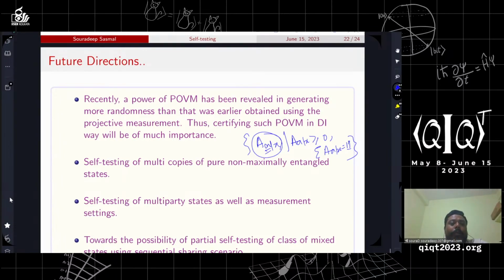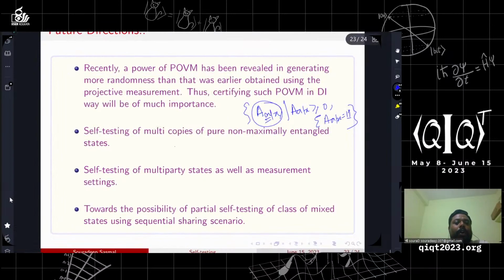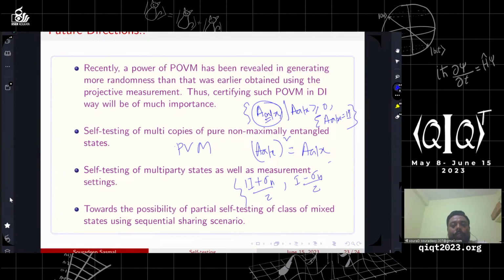One example I can give you: a special class of POVM is called PVM, that is projective valued measure, whenever this square equals this. In that way, let's say identity plus sigma x by 2 and identity minus sigma x by 2. This is another POVM, a spin-class POVM. It is the measurement process when, let's say, a spin-half particle is going through a magnetic field directed along the x-axis.